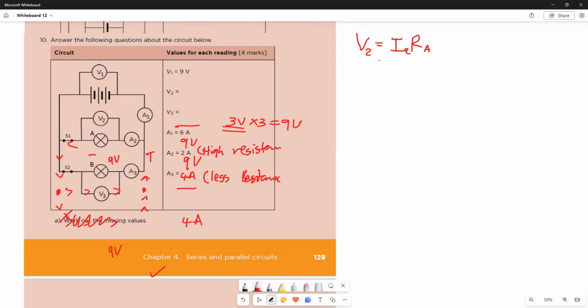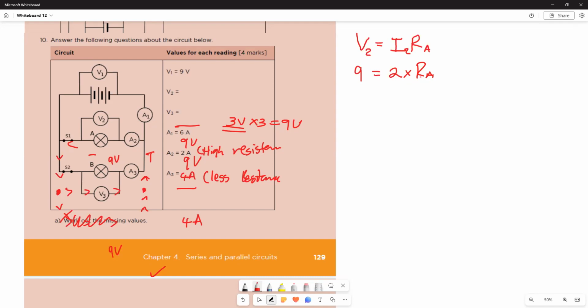Now let's do this. Voltmeter 2, we said it was 9 volts. So I'm going to put 9 here. And the current flow on 2 is 2A. So it's going to be 2 times resistance A. Okay.